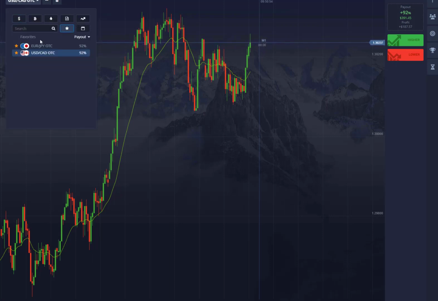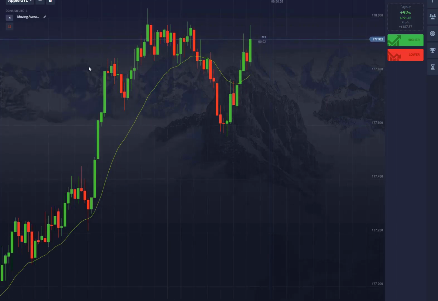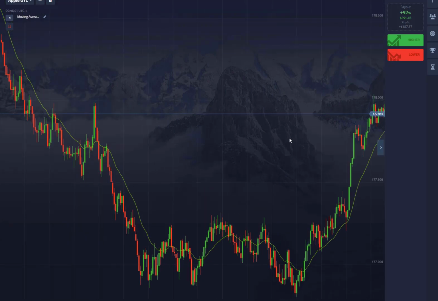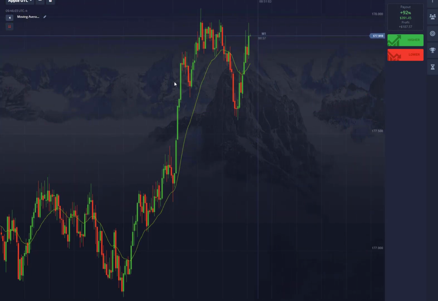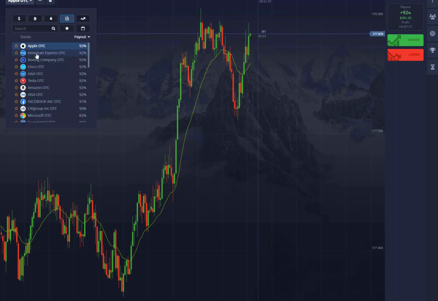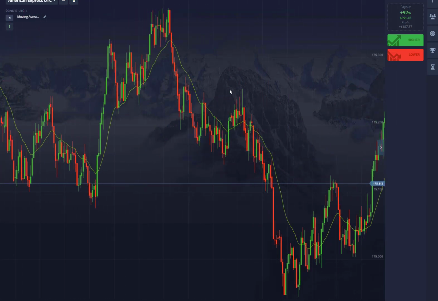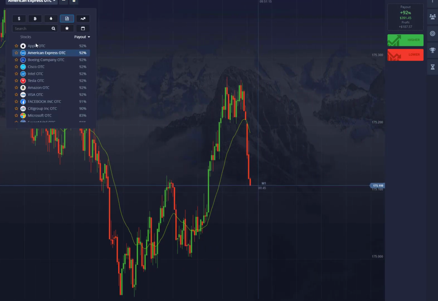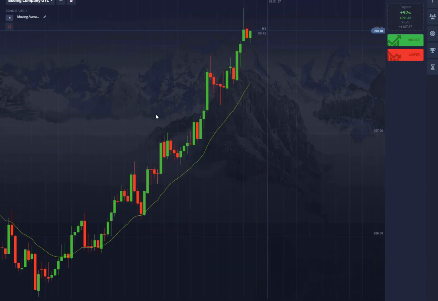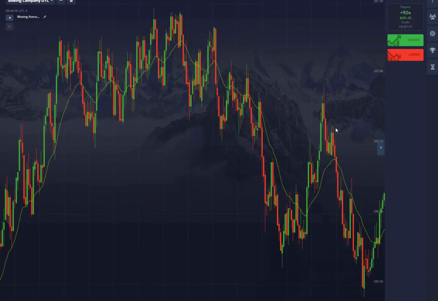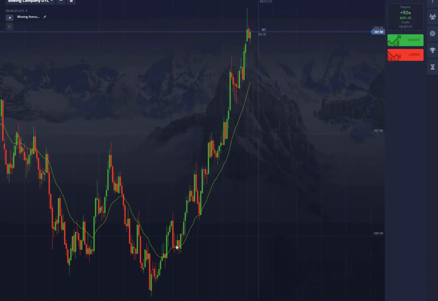So let's see what's going on with stocks. Apple got the first trend break, retesting to new highs. American Express is like it's trending down. Boeing, look at this beautiful trend it's in.